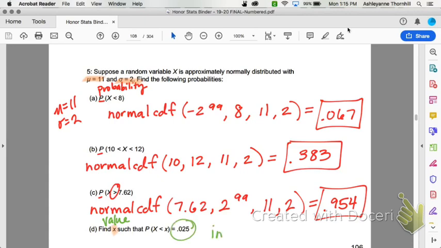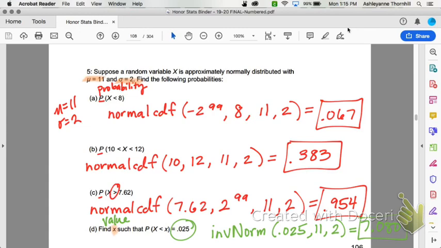So I would do inverse norm, 0.025, 11, and 2. 9.651. That's what I got. Did you put 0.25 or 0.025? Oh, I put 0.2. That's why. Okay, so what is it? 7.080. Do we have to write left or no?